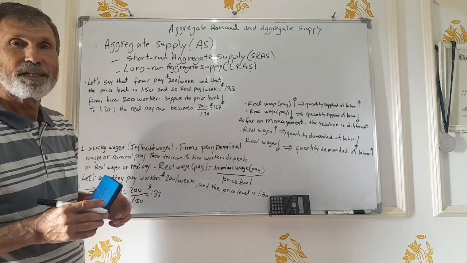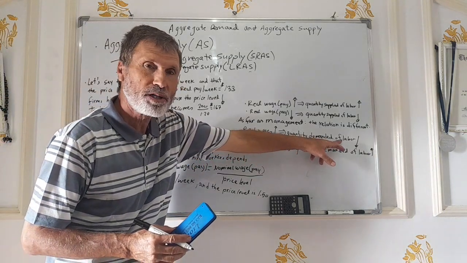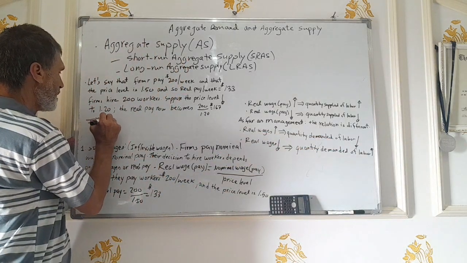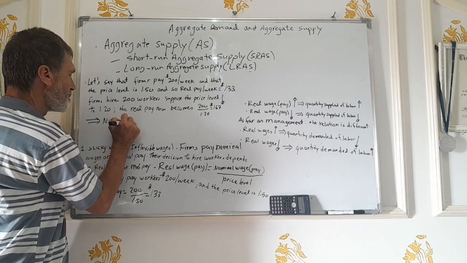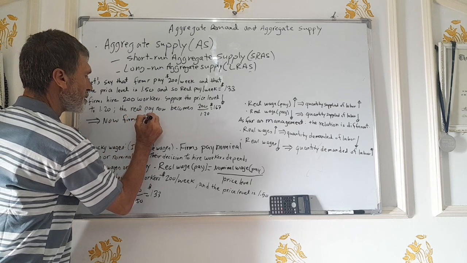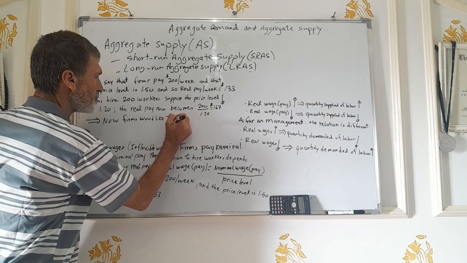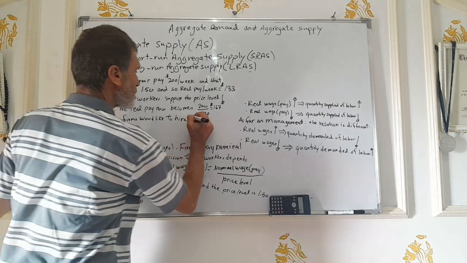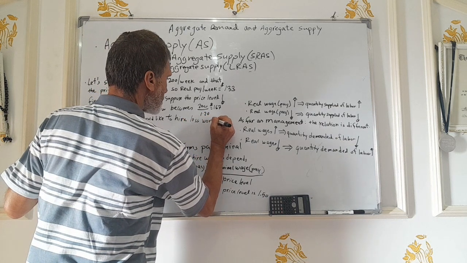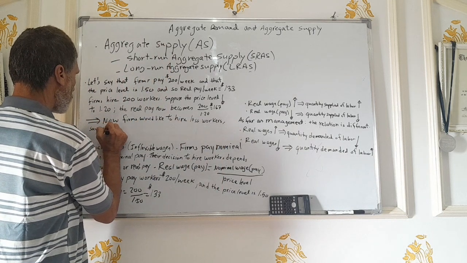Of course, firms will hire fewer workers, when demand for labor will go down. Therefore, now firms would like to hire fewer workers. Say 100 workers.